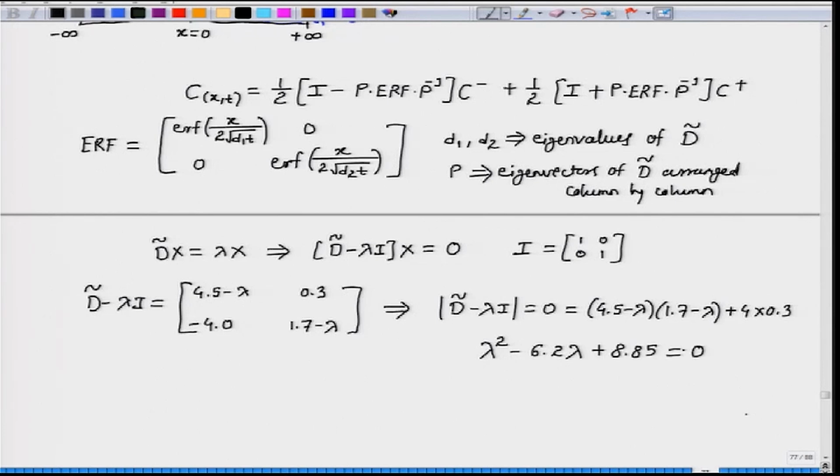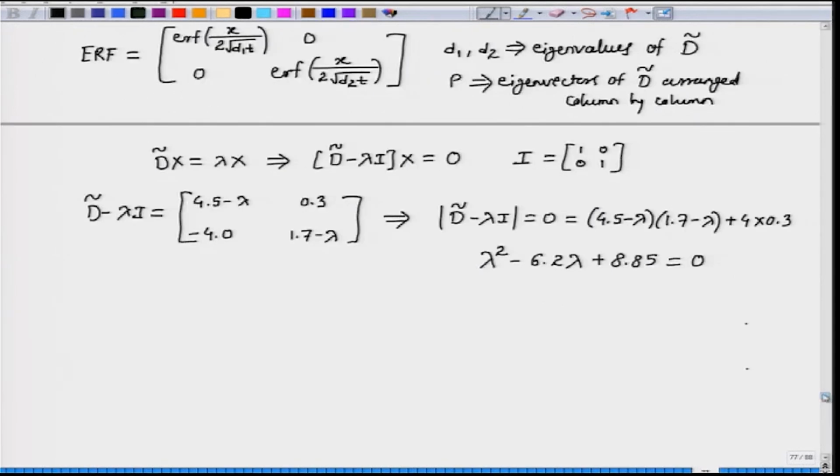The roots of this equation would be lambda equal to minus b plus minus square root of b square minus 4ac, divided by 2a, and in this case a is equal to 1, b is minus 6.2 and c is 8.85.